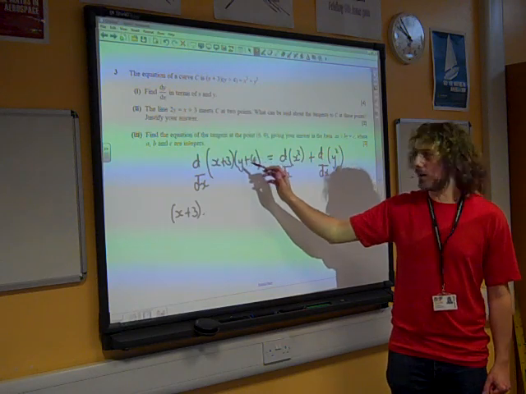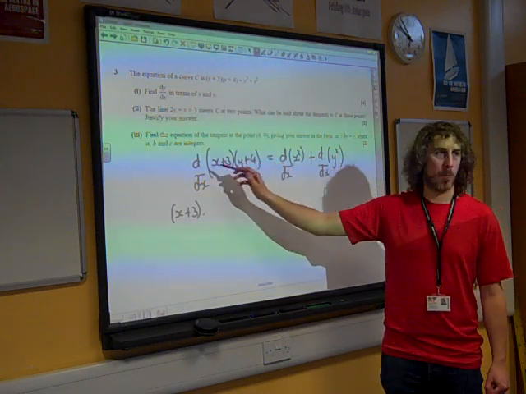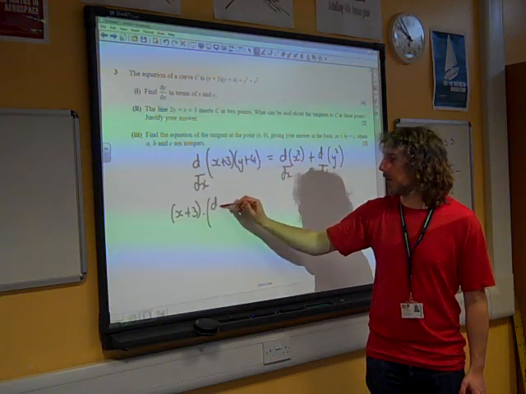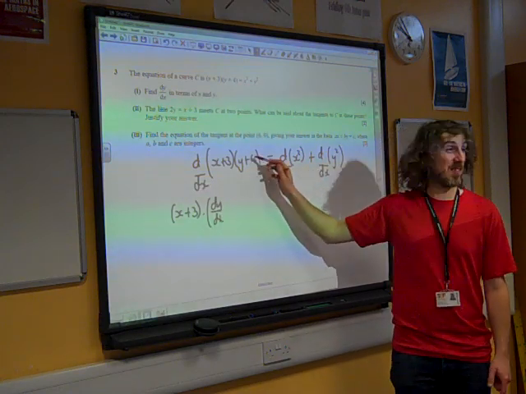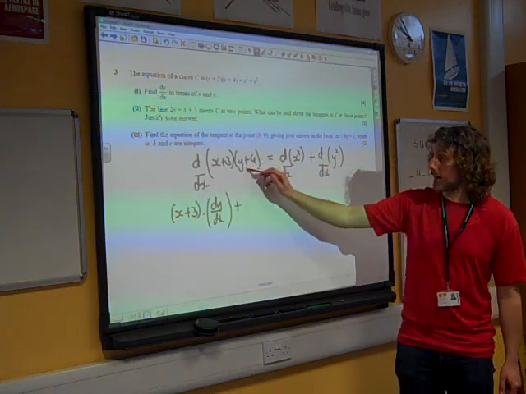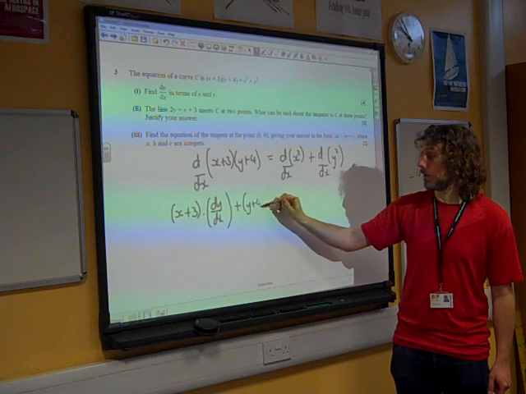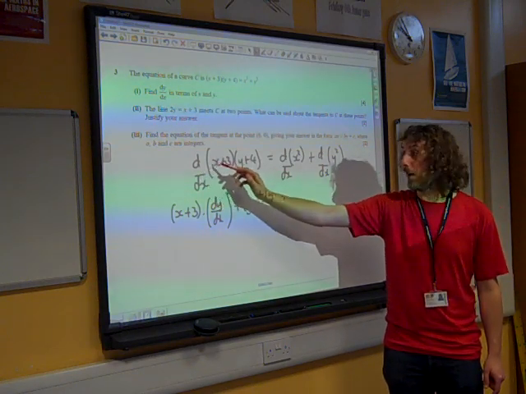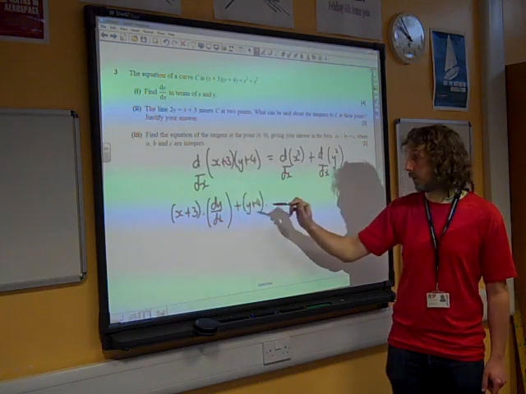If I differentiate y + 4 with respect to x, I would get dy/dx plus 0, wouldn't I, since differentiating 4 gives 0, plus the second, which is y + 4, times the derivative of the first. And if I differentiate x + 3, I get 1.